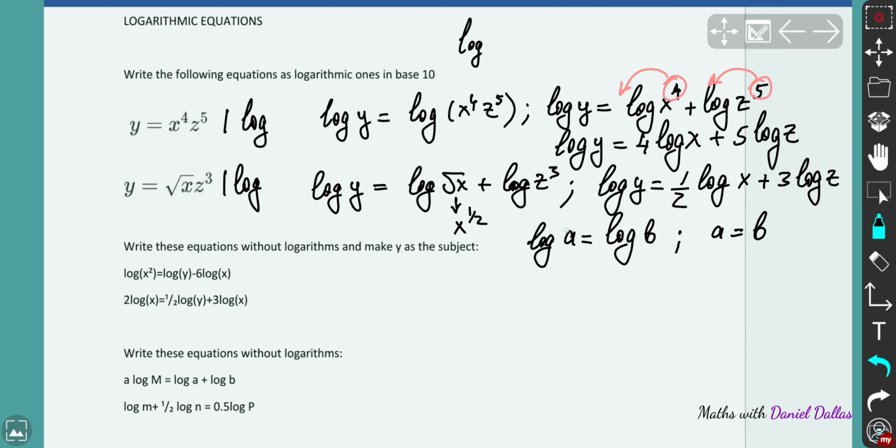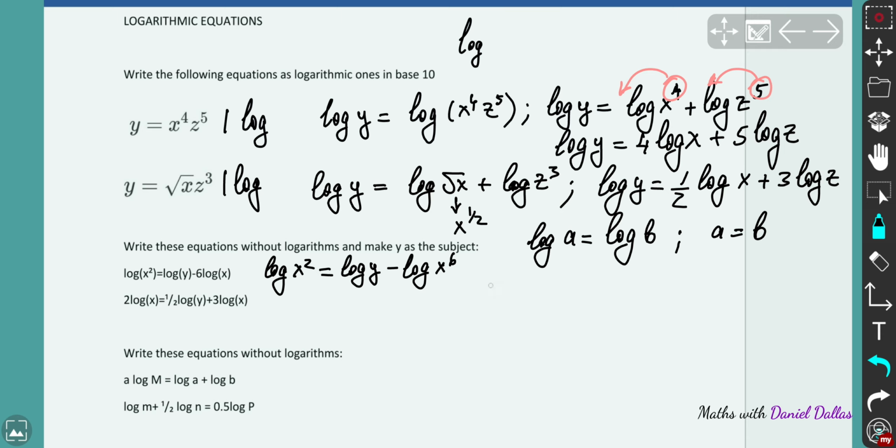We can apply this approach here. So log x squared equals log y minus 6 log x. I just rewrite it as log y minus, and 6 goes back to the power of x, so I write log x to the power of 6.